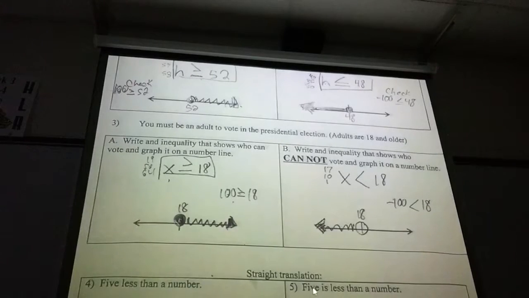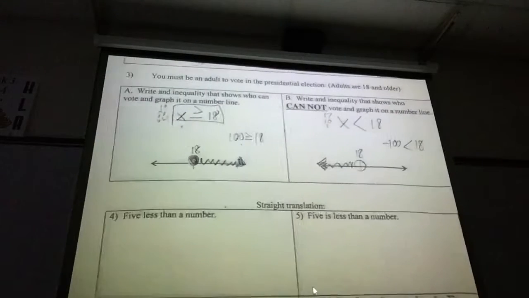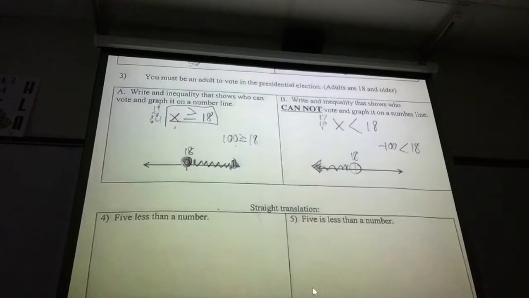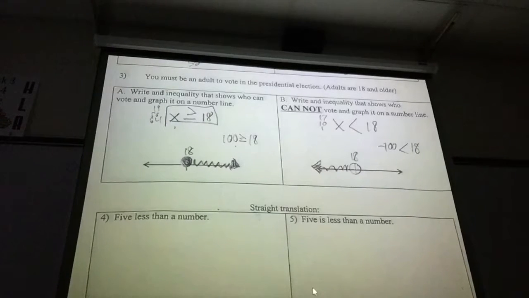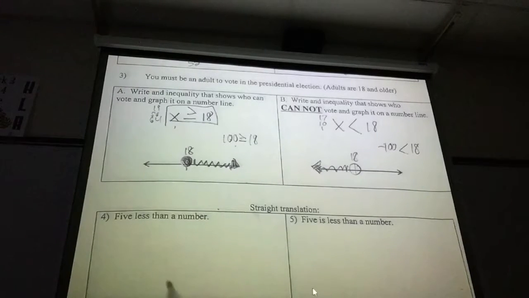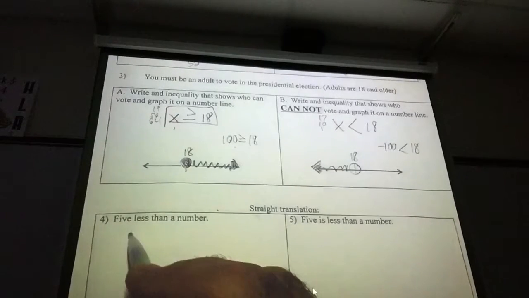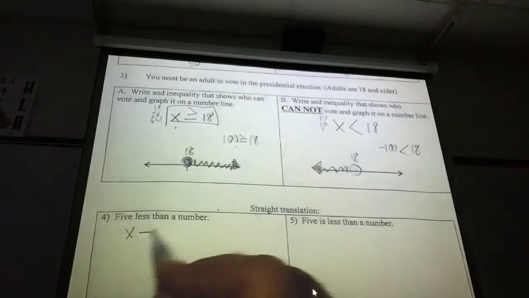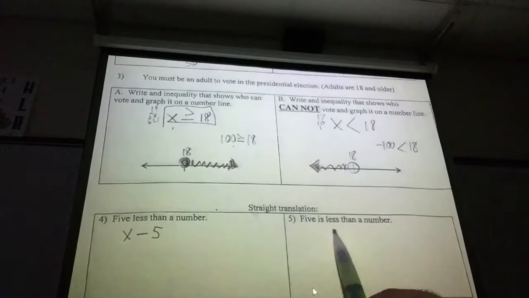Let's go ahead to the next part of this. If you need to press pause, go ahead. But otherwise, I'm going to get started. Now, let's take a look at number 4. Number 4 says 5 less than a number. This is something that you already know how to do because we did this a couple days ago. 5 less than a number means that you have x and you're subtracting 5 from it. Now, this one is different.